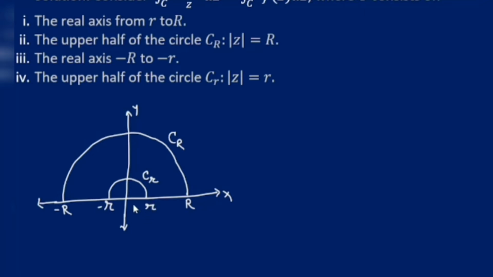So we are having a pole here at the origin, so we draw this small semicircle and we remove this pole from the contour C.